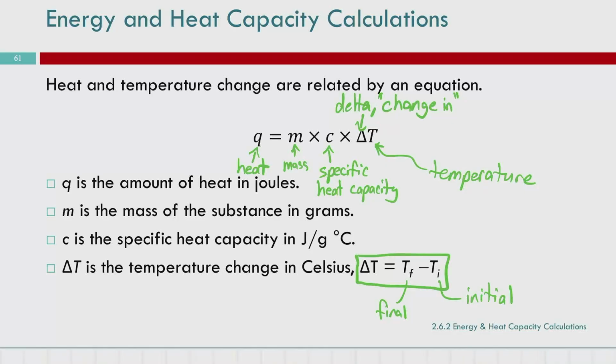This is an equation that we'll use in Experiment 2, which is our calorimetry lab, not lab 2. And you'll also see it on the exam whenever we have that.